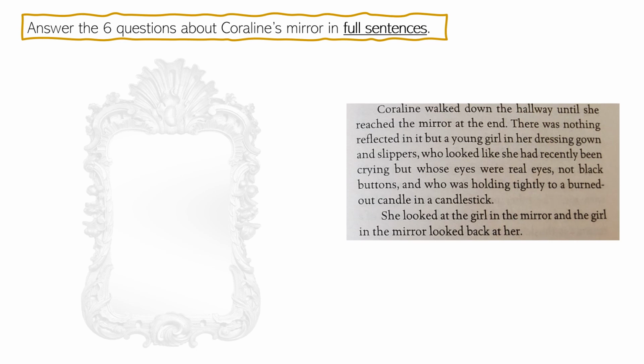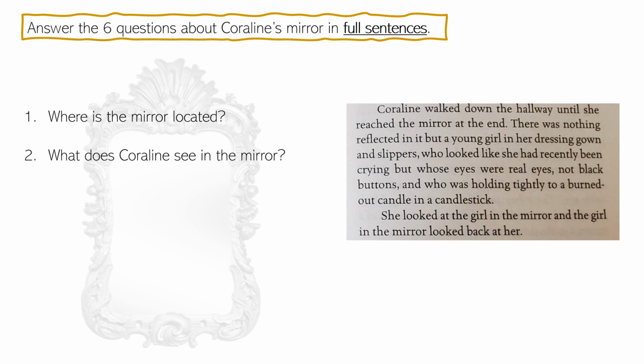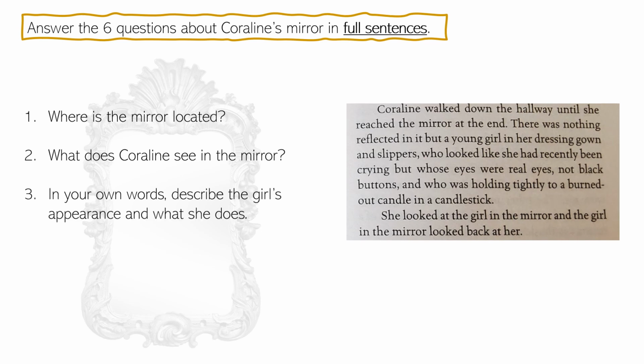Okay, so first question. Where is the mirror located? Second question. What does Coraline see in the mirror? And third question, in your own words, describe the girl's appearance and what she does.